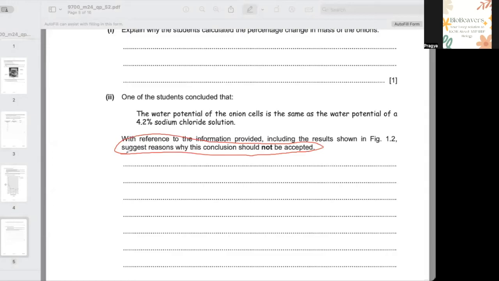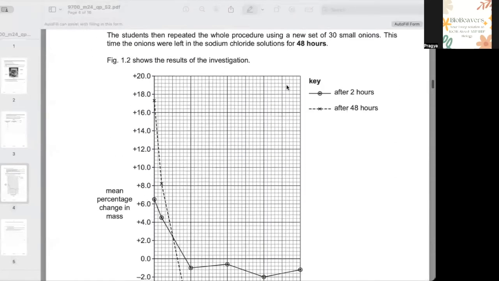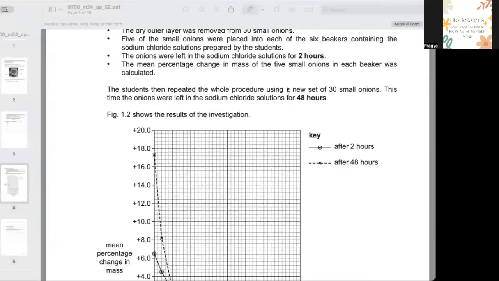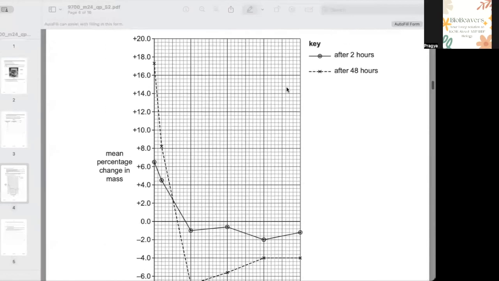First thing that should come to your mind, even before you move on to the result, is has statistical analysis been done in this experiment? Did they write anywhere about statistical analysis? Okay, that's your first thing which should come to mind even before you have a look at what the graph is saying. So let's have a look. Have they done any statistical analysis? Have they given any standard errors?